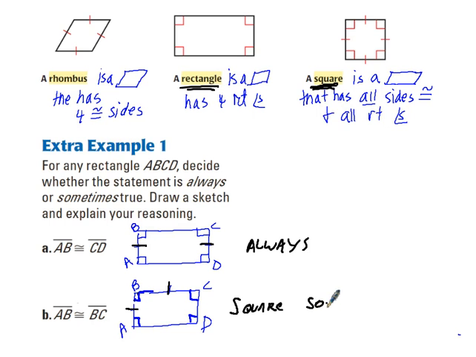So I would say sometimes it's a rectangle, but this is a square. It has four right angles, so it is always a rectangle. But if two adjacent or consecutive sides are congruent, it would make it a square possibly, definitely, but not always a rectangle.